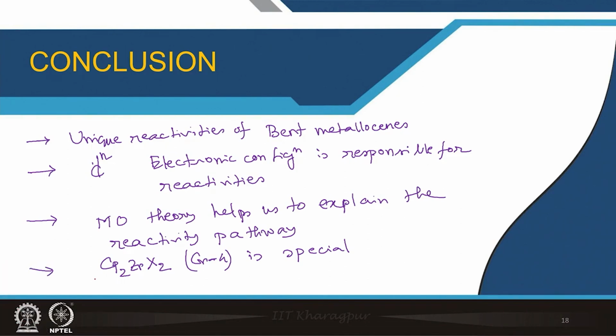So in the next class we will be continuing the discussion about polymerization. Now we will enter into coordination polymerization using the metal catalysts, and we will see how these metal catalysts have special features for controlling the tacticity and regioselectivity of the alpha olefin polymerizations.